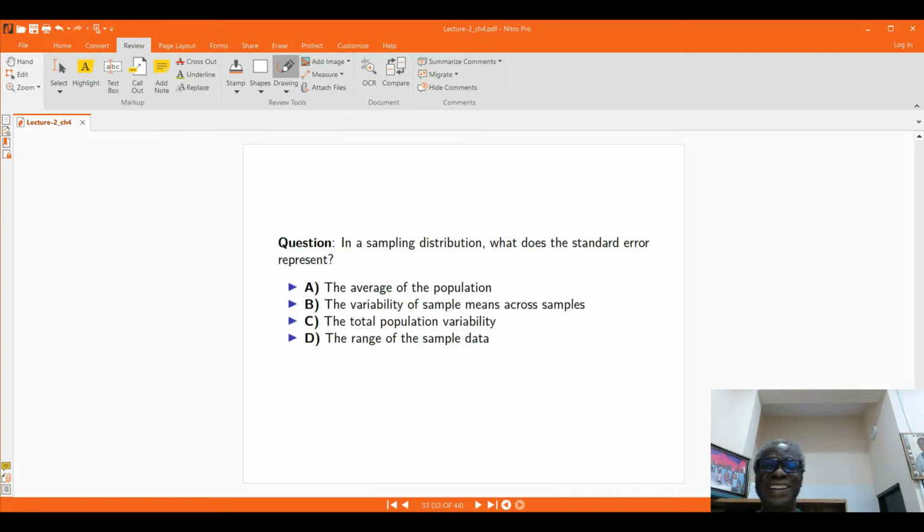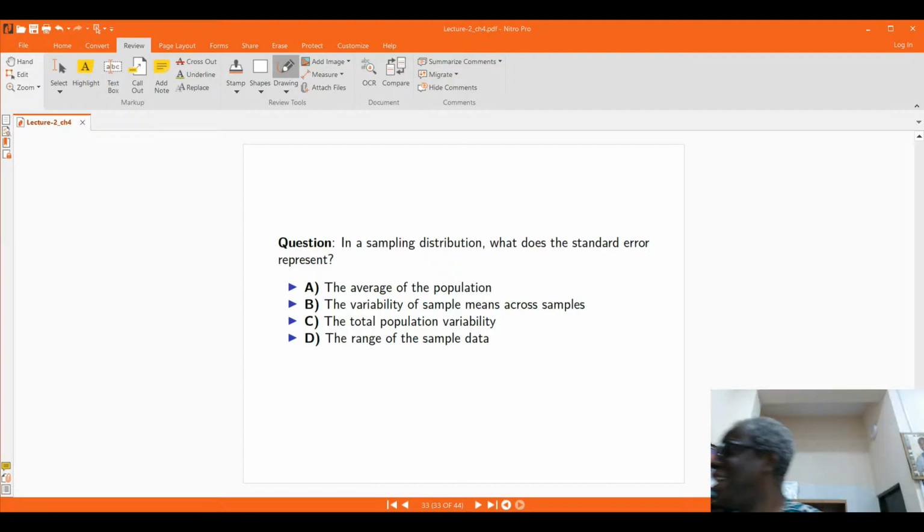Now, next question. In a sampling distribution, what does the standard error represent? A, the average of the population. B, the variability of sample means across samples.